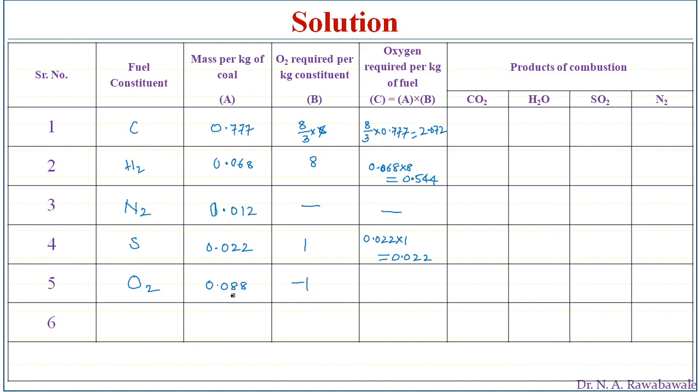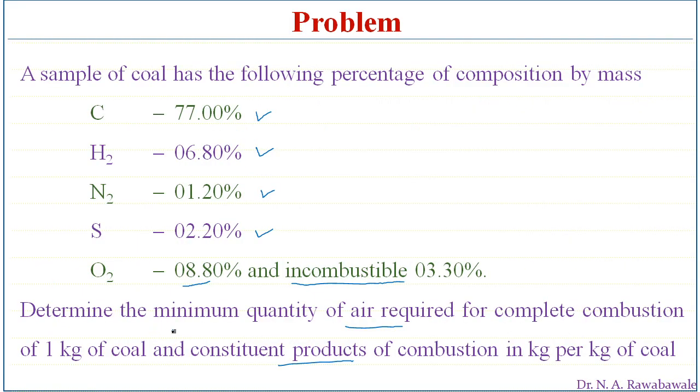This much oxygen is already present, and that oxygen we have to subtract from the total required oxygen. Therefore this is taken as -1. So here we get -0.088.